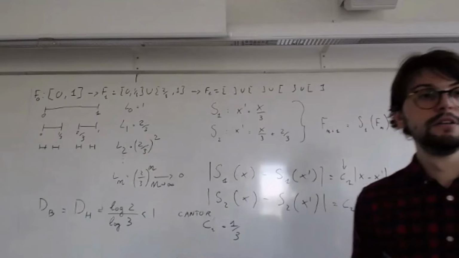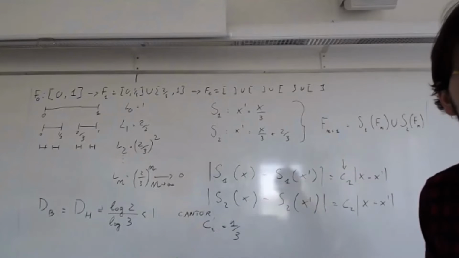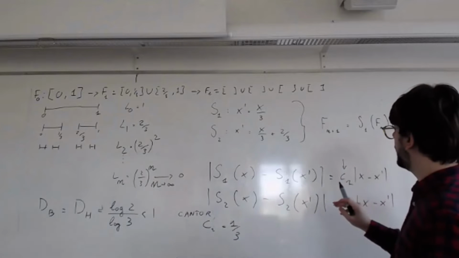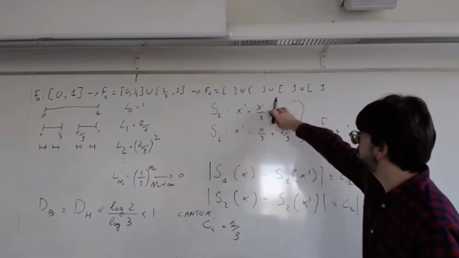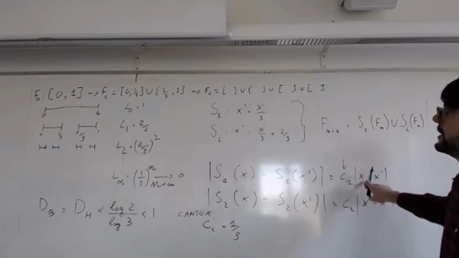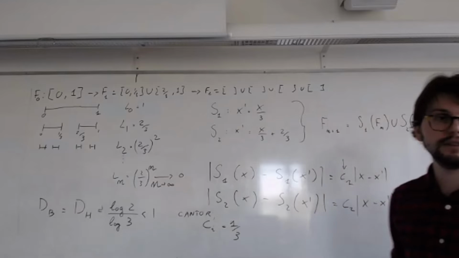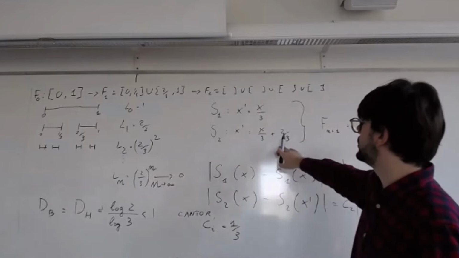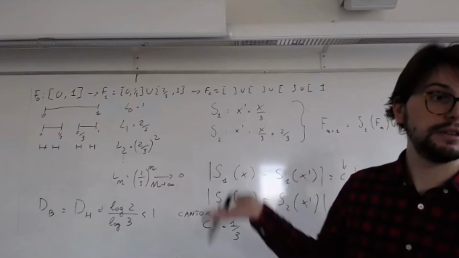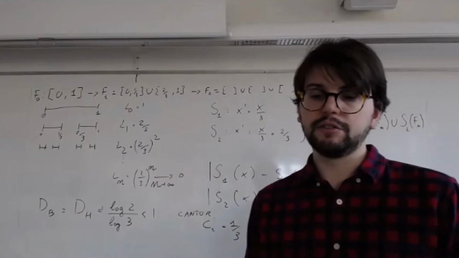I cannot see you very well. You look very clear. Okay, so it's equal to 1/3, simply because if you substitute, you have this X divided by 3. So you substitute here, you will have X prime divided by 3. And you can have a factor 2/3 plus or minus, but this will not reflect in your difference, will be cancelled by the difference, and you will be left with 1/3. So your contraction factor is 1/3.